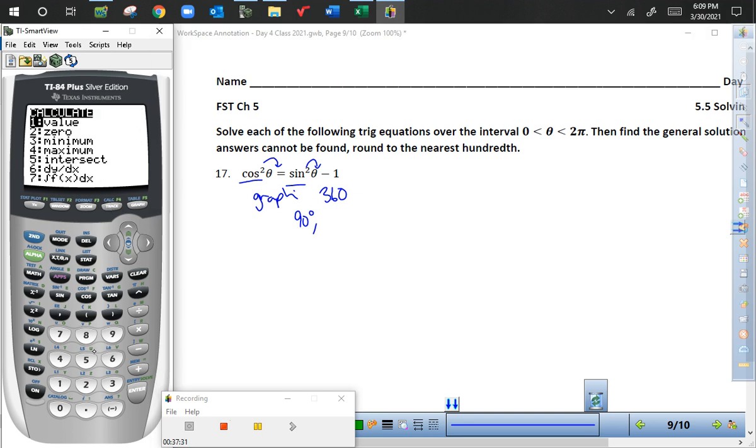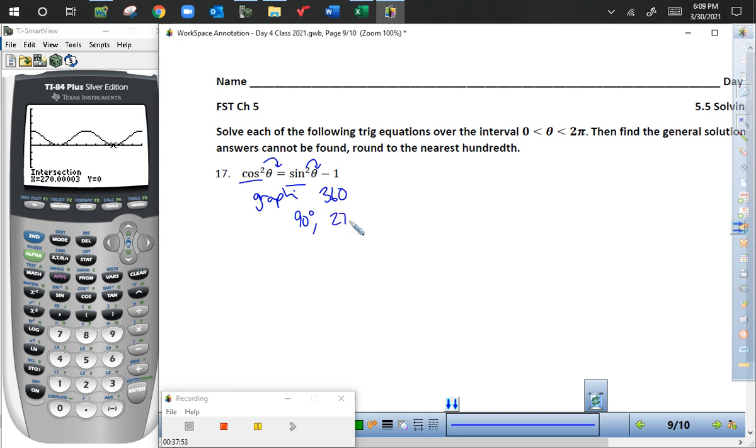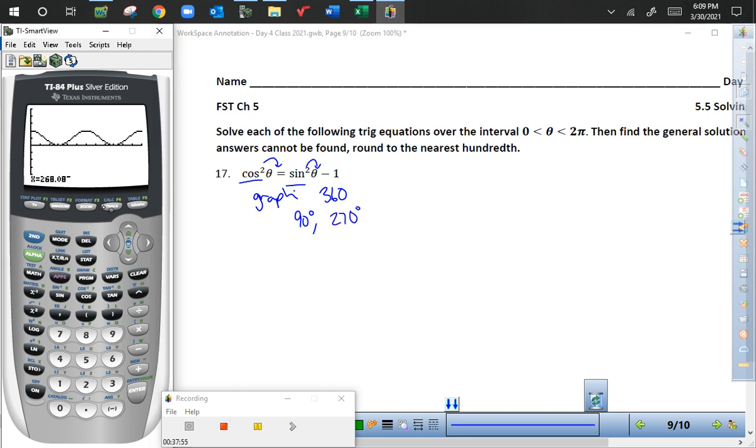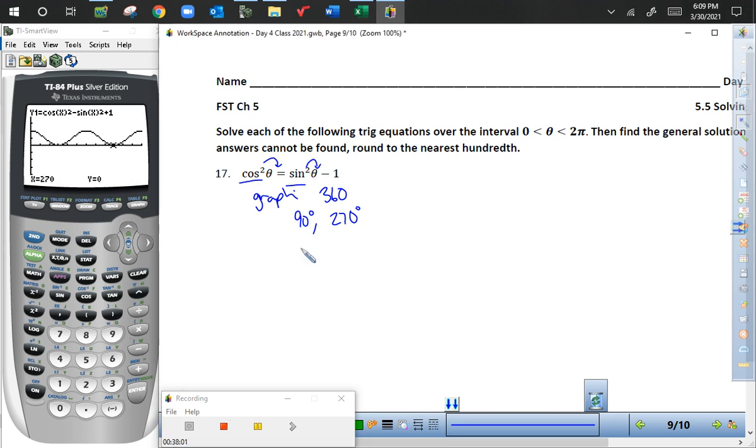Okay, but I'll just go ahead and trace that intersection right along the curve. It goes a little bit faster. Just get closer to the second one. Enter, enter, enter. And it really is, once it pops up, it really is at 270. A little bit of extra change there, but that's just your calculator's error. Okay, again, if you hit trace with that 270, it will show you it's exact. Then we change them to radians.